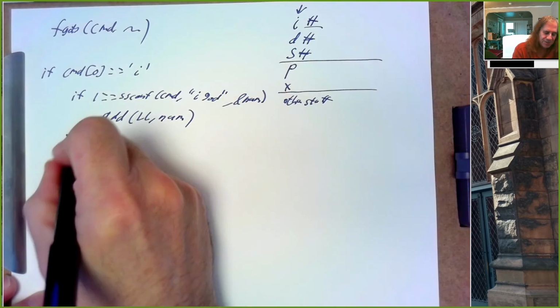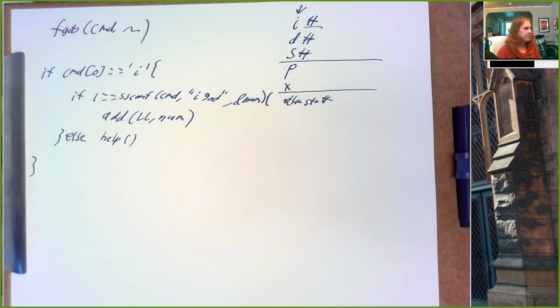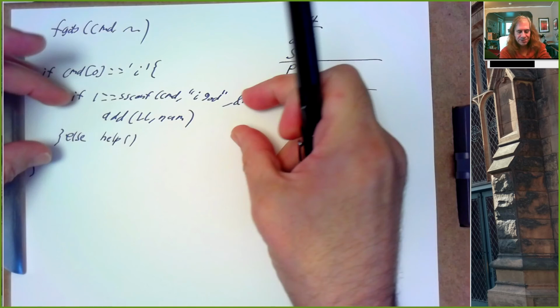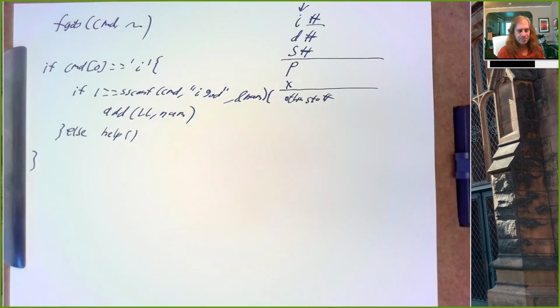If the command started with an I, but they didn't type I followed by an integer, they typed something wrong, so give them some help. So that's a really easy way to process the input command. This tells us that it's an input command. This checks to see if it's a legal input command, and if it is, finds the number, calls the add function. Otherwise, gets some help.